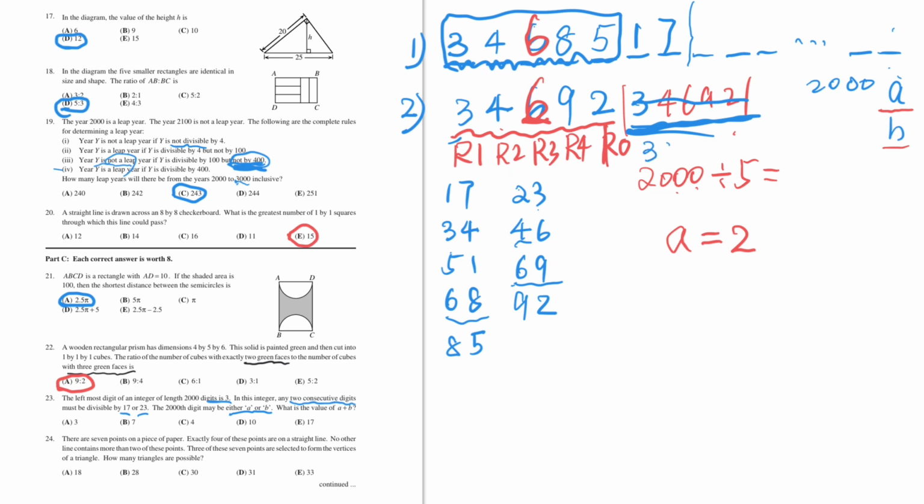So that's the 3, 4, 6, 8, 5. So the last digit can be the 5. So B can be equal to 5. The A plus B, that's the 2 plus 5, is 7. So the answer is B.